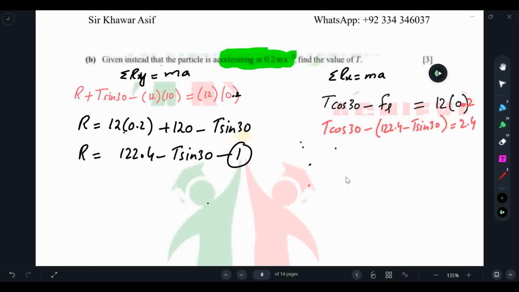Now if we simplify it further, we can see T cos 30 minus 122.4 plus T sin 30 is equal to 2.4.